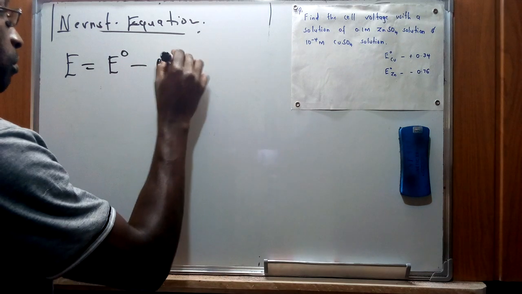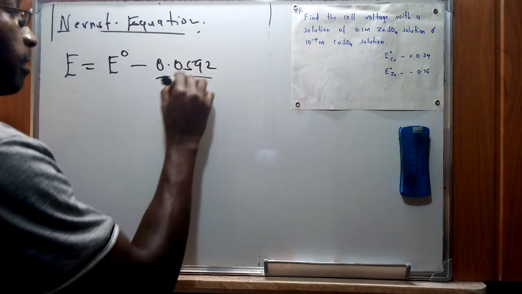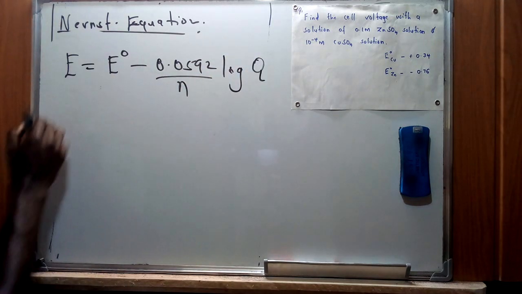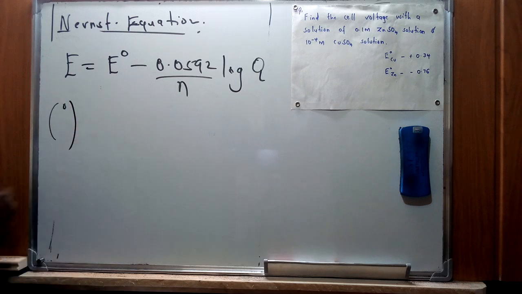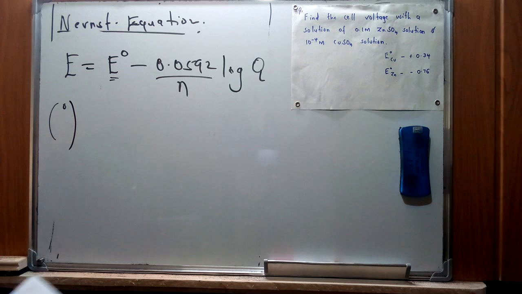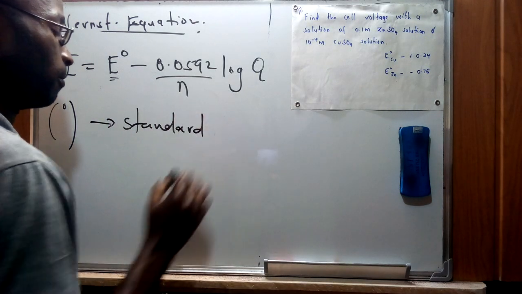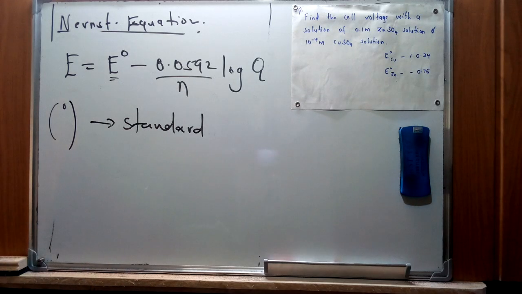There is a specific symbol used as the superscript on the second E, which we referred to as the standard potential. This symbol is used to imply the standard potential. Of course, we have talked about the concept of standard notation, standard units, and so on. So this corresponds to the potential.